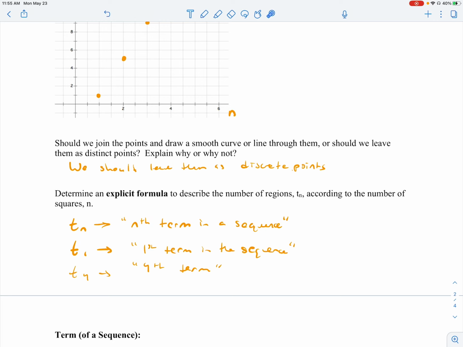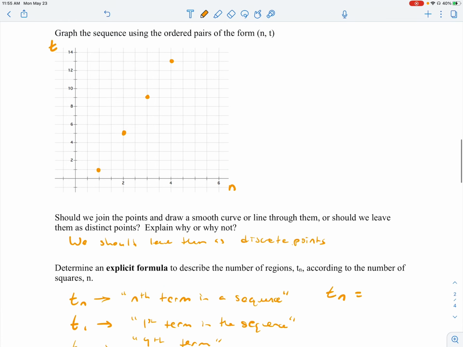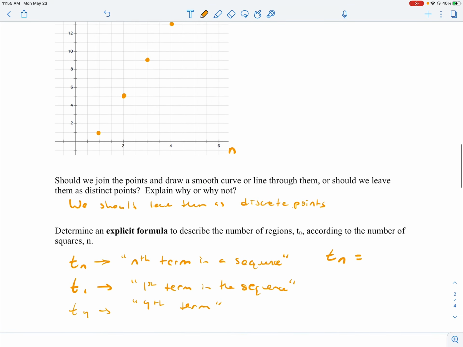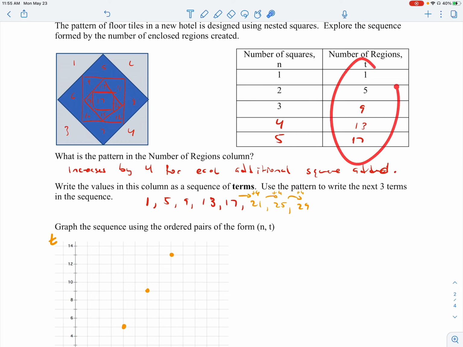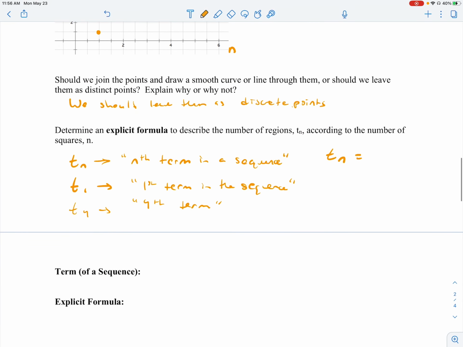So now we can write it as an equation. I want to relate the total number of regions with respect to the number of squares, or the term number.